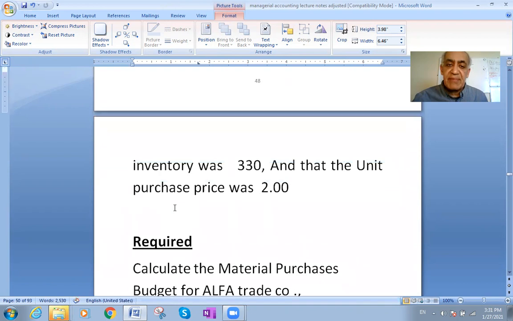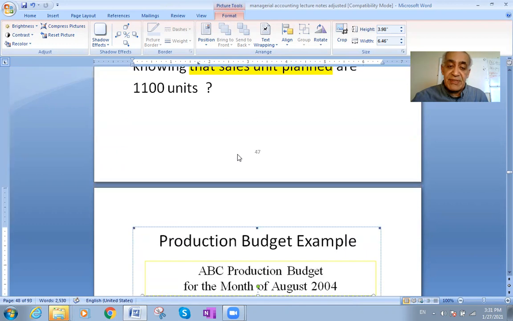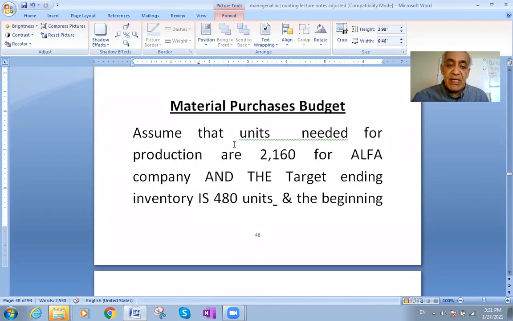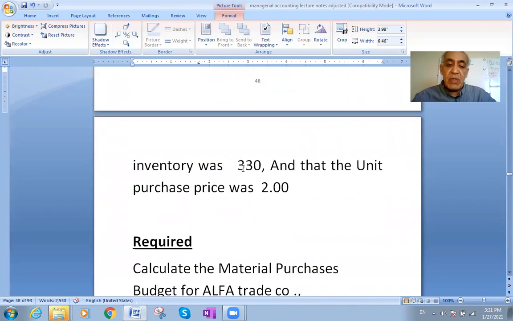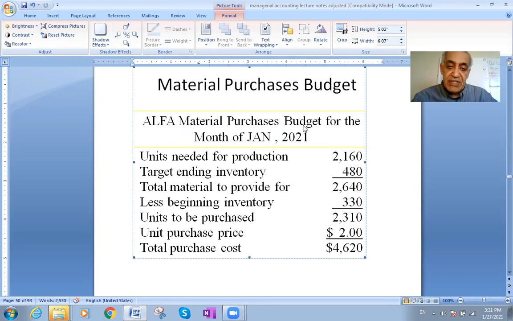Let me give you an example. Now we are not talking about the finished goods which are to be sold, but the same rules are going on. If I have the Alpha Company materials purchase budget, we do it like this: units needed for production.